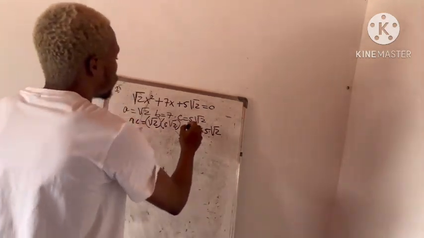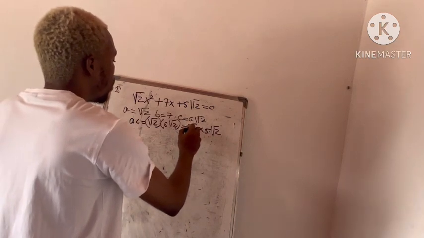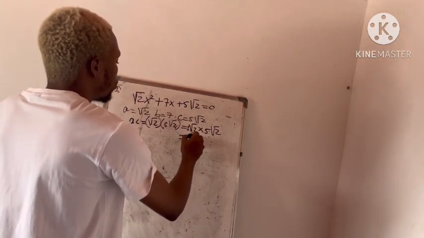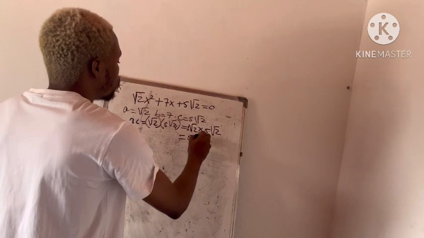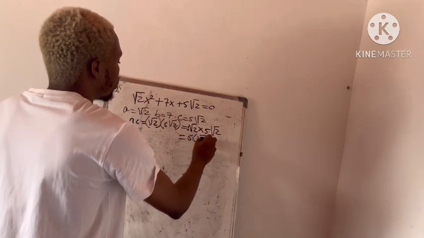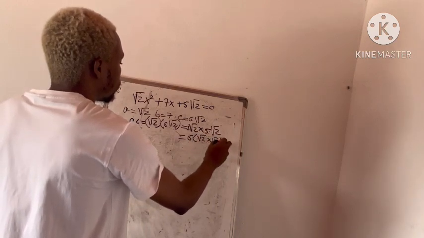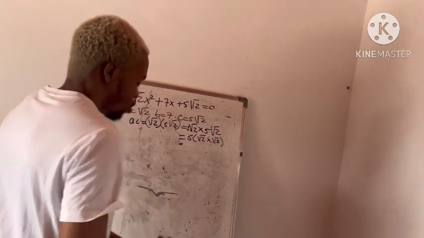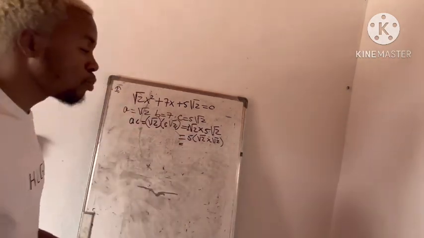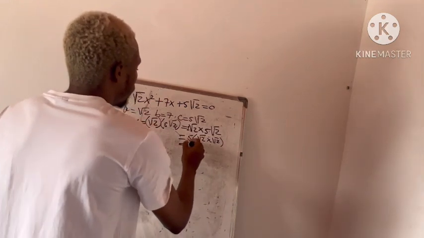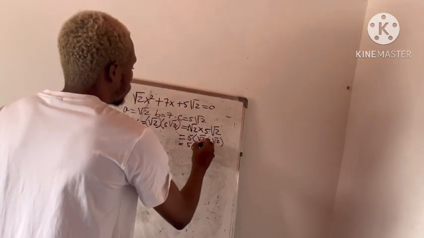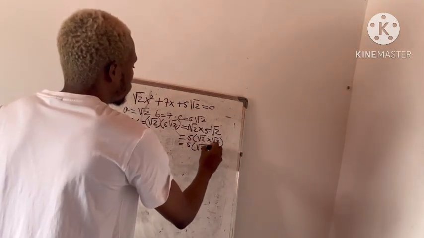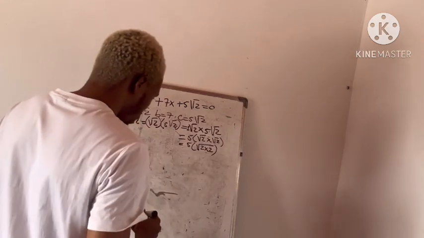Here you have, of course you need to know we have 1 here. 1 times 5 you have 5, and root 2 times root 2. Root 2 times root 2 simply means here you have 5, 2 times 2. Okay?